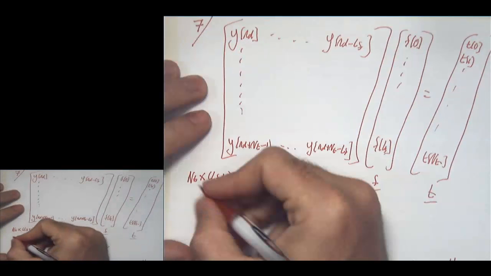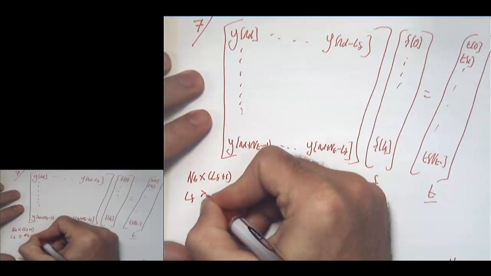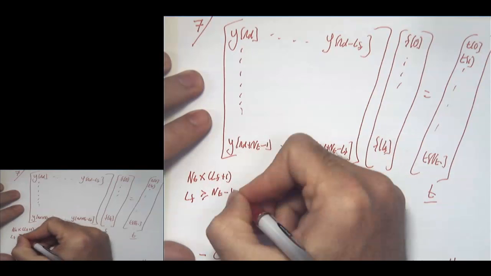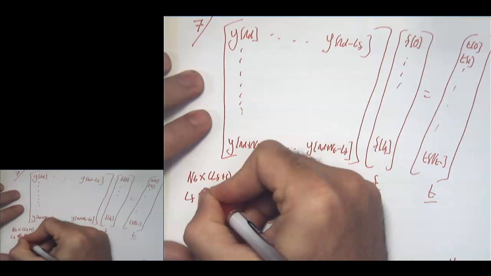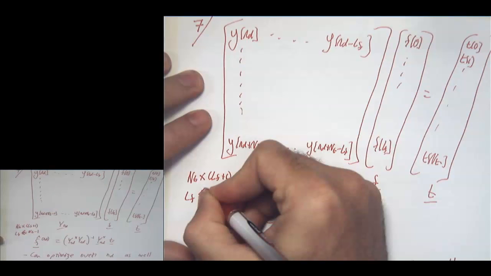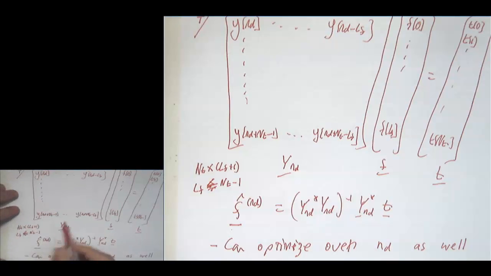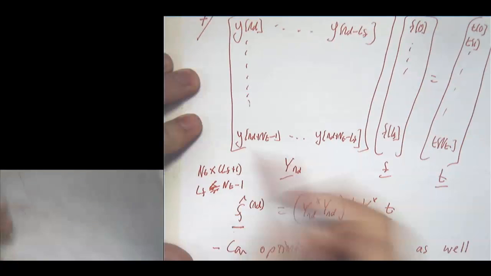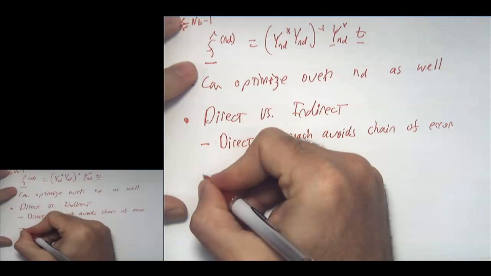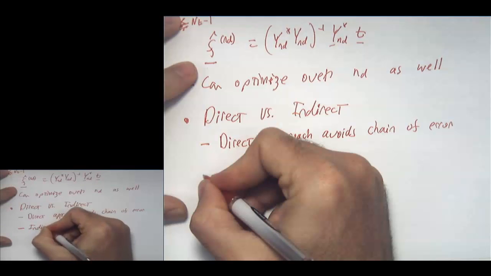To be tall, you have to have LF less than or equal to nt minus 1. Whereas we didn't have that restriction at all in the other case. You could take your channel estimates and create a 1,000 tap FIR equalizer if you wanted to, not a problem. But here, the length of your equalizer is limited by the amount of training data you have. And so that's an advantage of the indirect method.